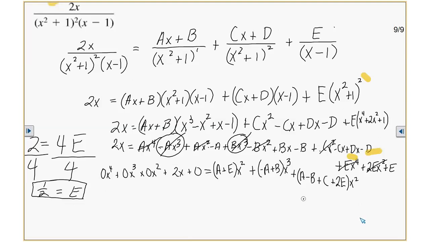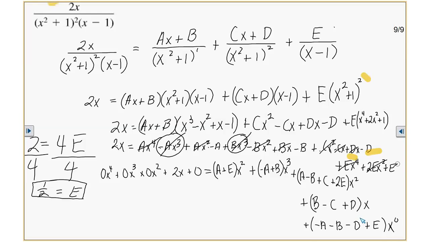Plus bx, so that's b minus c plus dx. That's going to take out the x there, the x there, the x there, or plus a negative a minus b minus d plus e x to the 0.